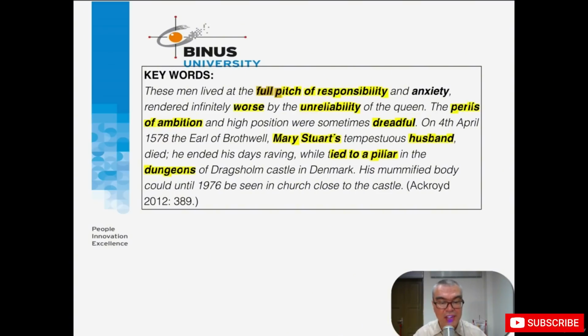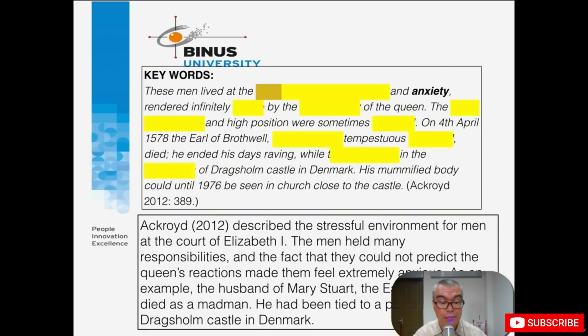So this text is quite rich. It has quite a lot of interesting vocabulary here, and you need to make a decision yourself about what the key words are or which words you want to change. But certainly look at it and underline those words there.